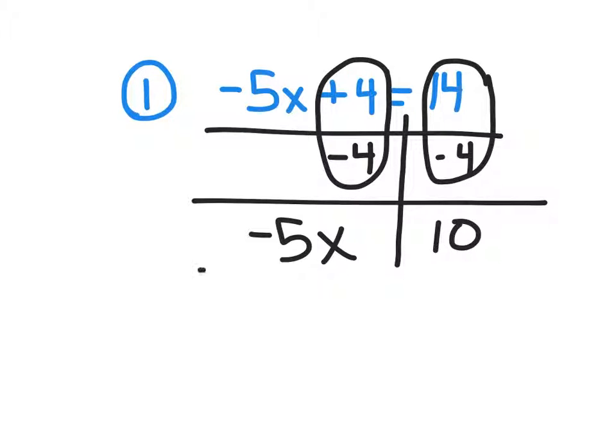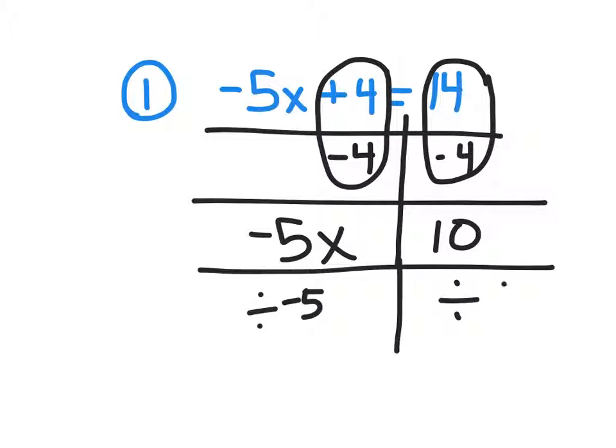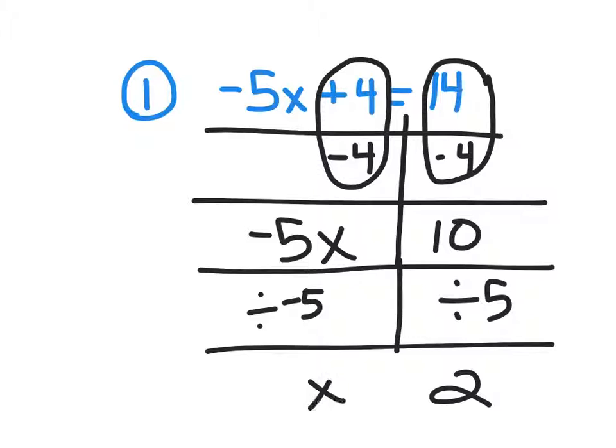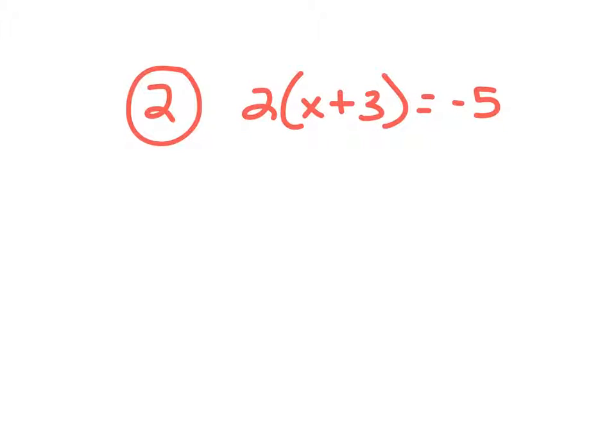So I have 5 pouches that equal 10. So I'm going to divide by negative 5 on the left, and on the right to keep it equal. x equals negative 2.